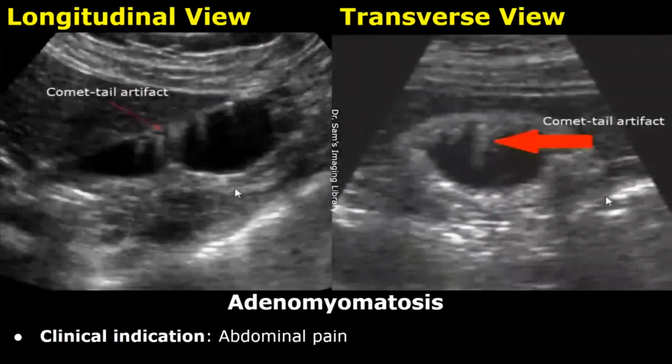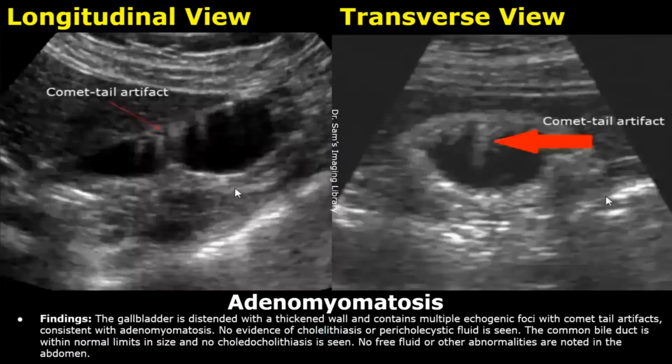Here is a case of adenomyomatosis. The clinical indication is abdominal pain. In the findings, you can write about the distended gallbladder with thickened walls and containing multiple echogenic foci with comet tail artifacts consistent with adenomyomatosis.